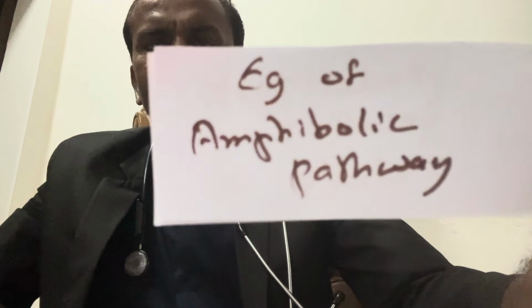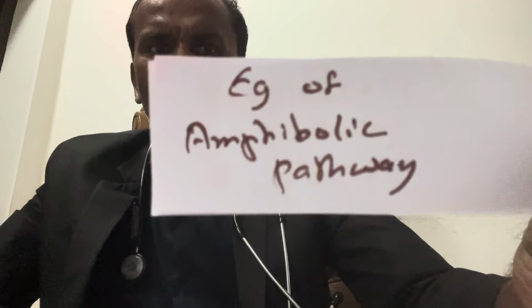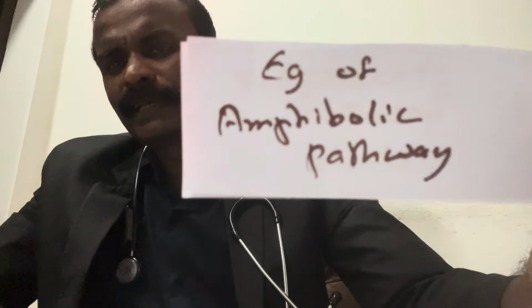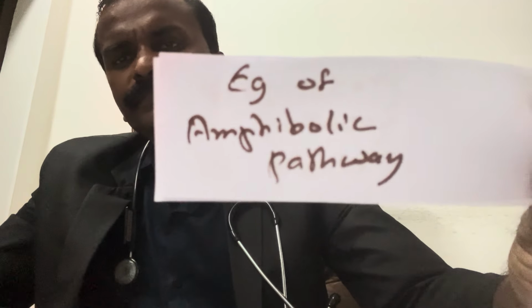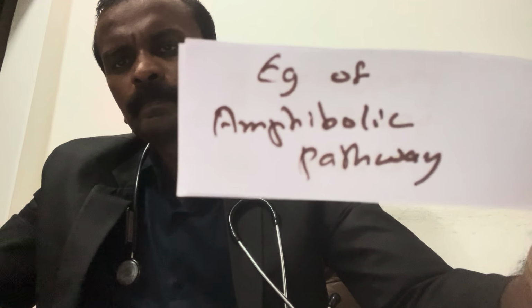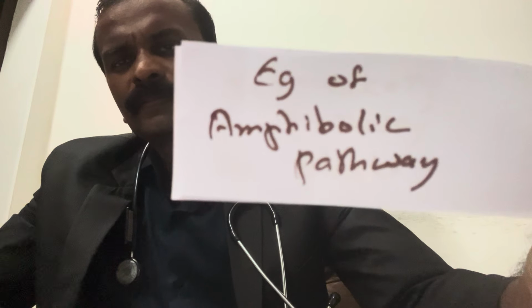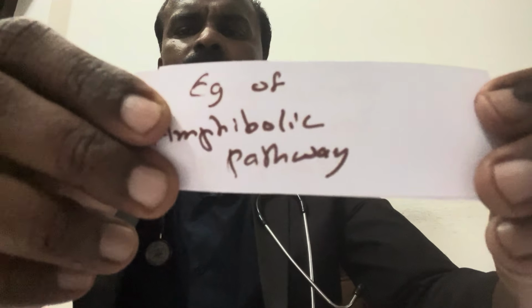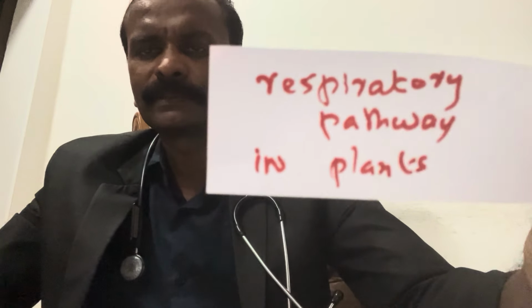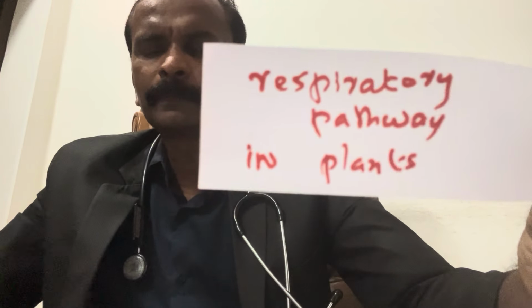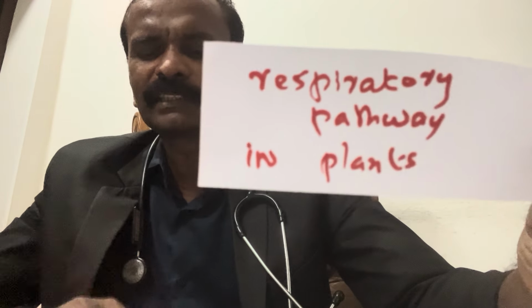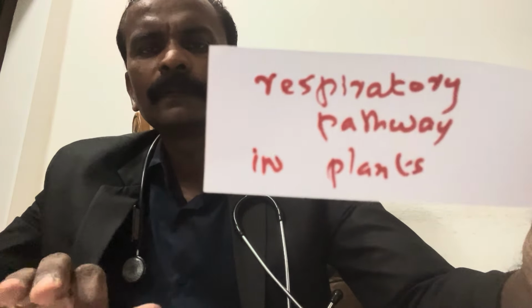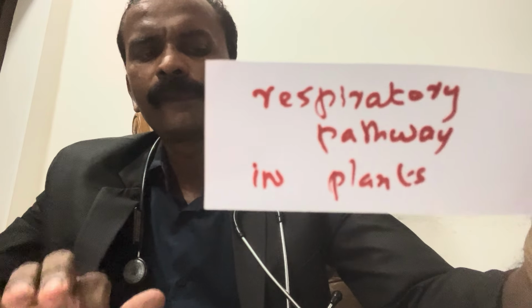Can you give an example for amphibolic pathway? The answer is the respiratory pathway in plants. The respiratory pathway in plants is the classical example of amphibolic. Okay. Don't forget the question.